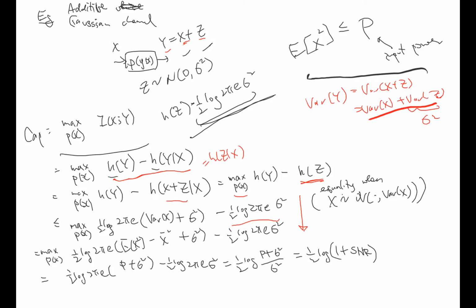For this variance, the distribution with the highest entropy is Gaussian. Therefore it is equal to one half log 2 pi e times variance of X plus sigma squared. And by the way, this is achievable when X is Gaussian, because when X is Gaussian and Z is also Gaussian, two independent Gaussians added together is still Gaussian.